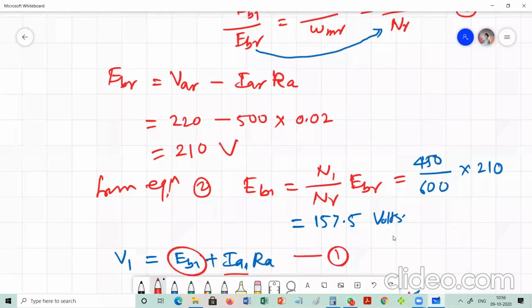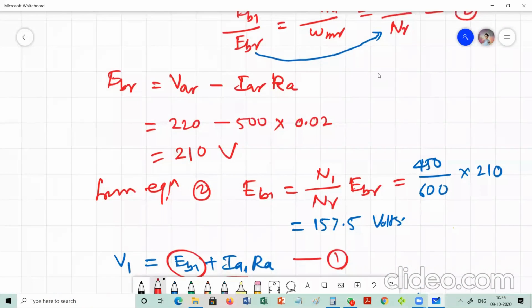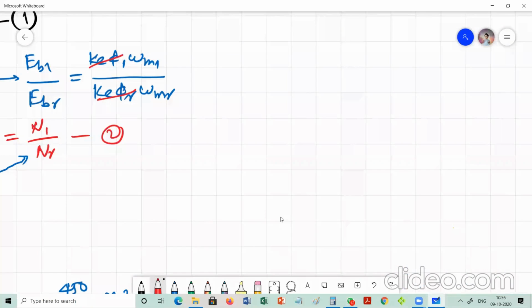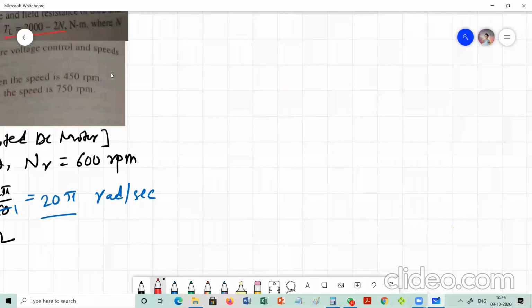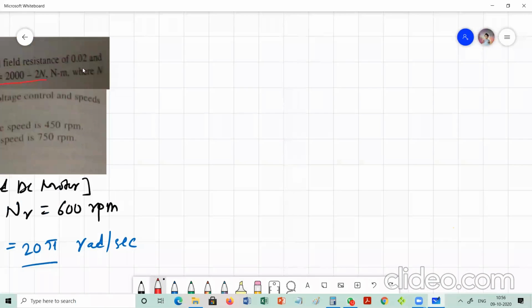Now we will proceed for the second part. I will shift the problem to this side.